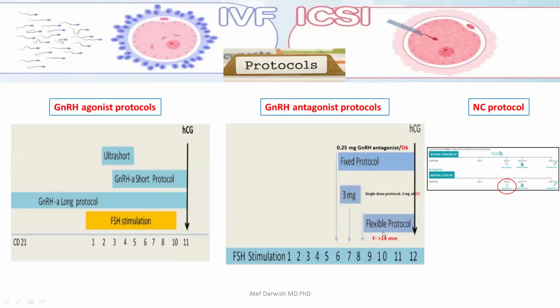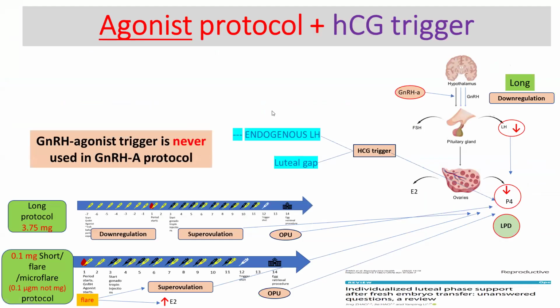We can also give a single dose of 3 milligram at day 7. And there are some other protocols like natural cycle protocol, but it also contains ovum pickup. With the agonist protocol we give HCG; GnRH agonist trigger is never used in GnRH agonist protocol. You have to know that in this protocol, every step can lead to luteal phase defect.